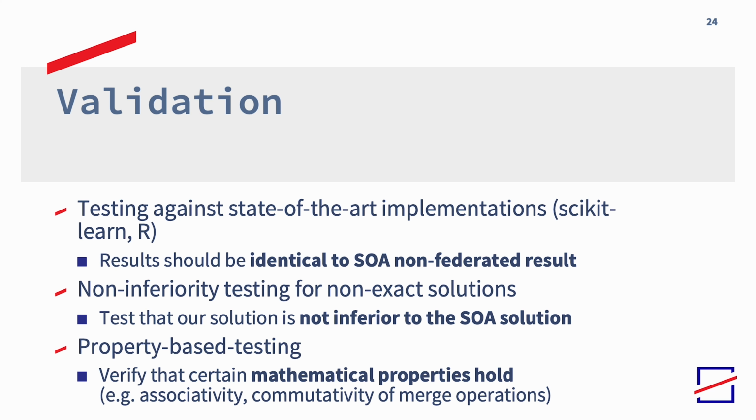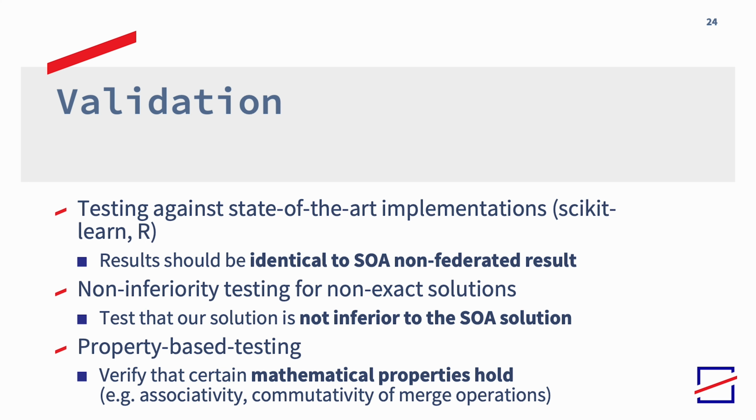We have hundreds of randomly generated tests where the state-of-the-art implementation runs on some data on a single machine. Then the data is split into multiple nodes, and our implementation is run on these multiple nodes on this data. In the end, we compare the results and we expect them to be identical to the state-of-the-art non-federated case.